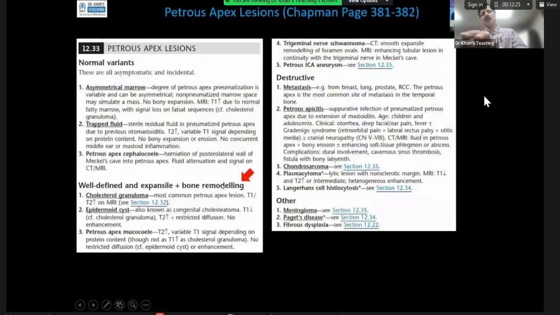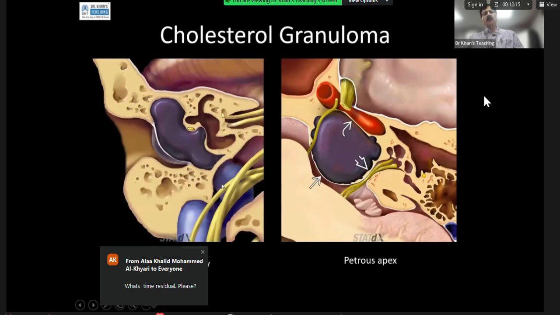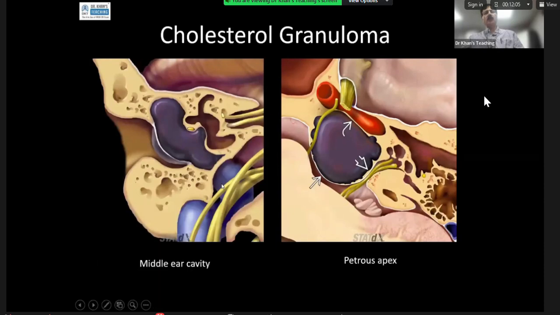So this is a cholesterol granuloma. What is a cholesterol granuloma? Basically, the pathophysiology is, cholesterol granulomas can be in the middle ear cavity, mastoid, or they can be in the petrous apex when it is aerated.